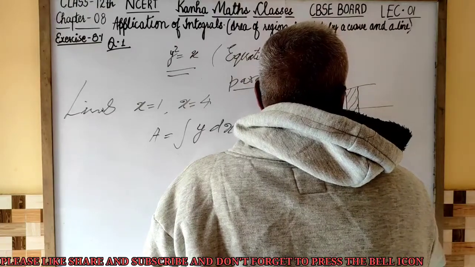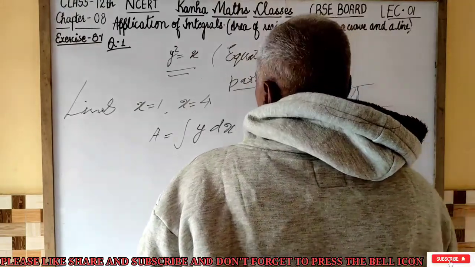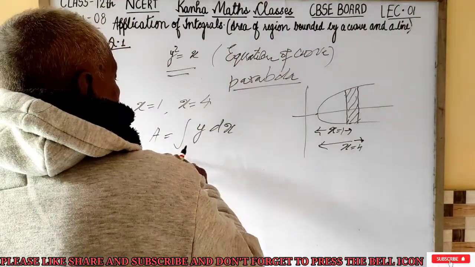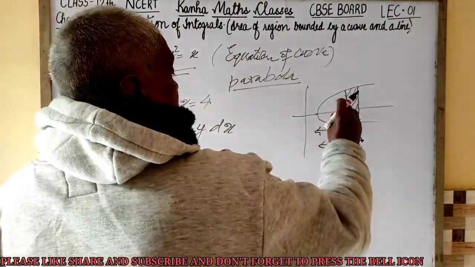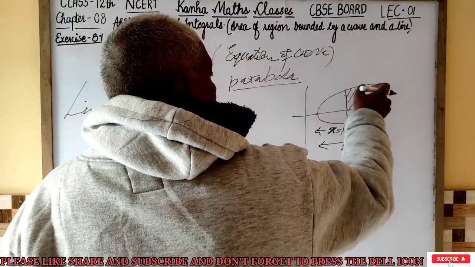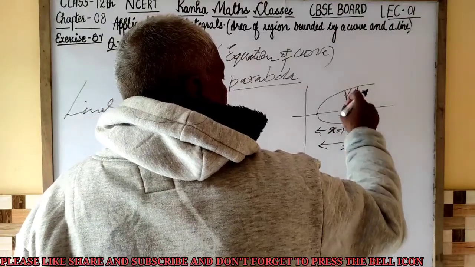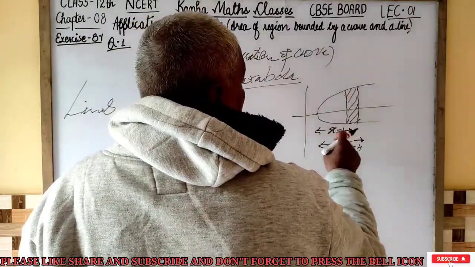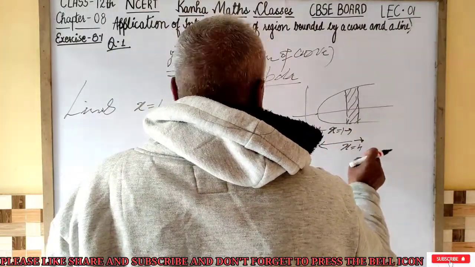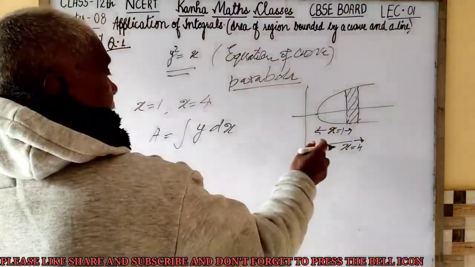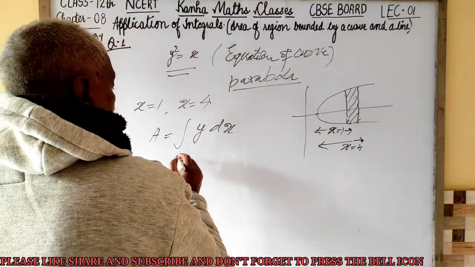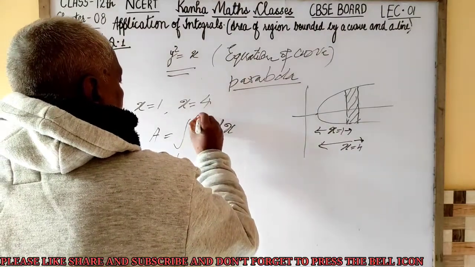Then we follow the formula A equals the integral of y dx. We have taken a small strip of the region bounded by the curve and these two straight lines, x equal to 1 and x equal to 4. These will be taken as the lower limit and upper limit of the integral.